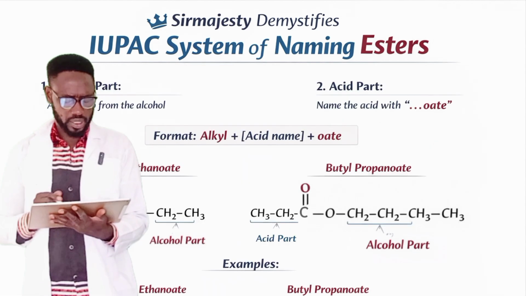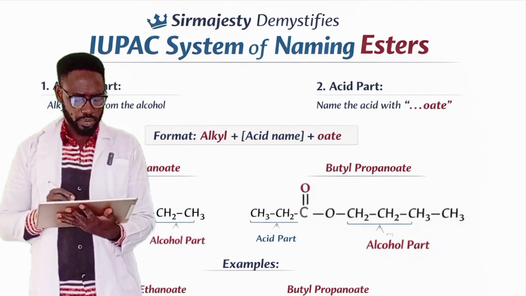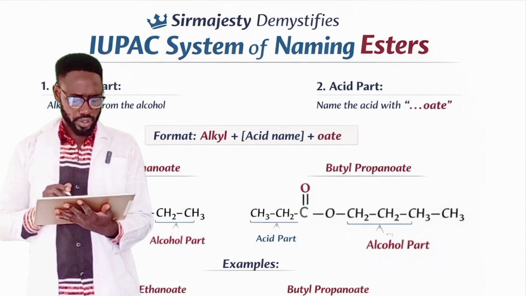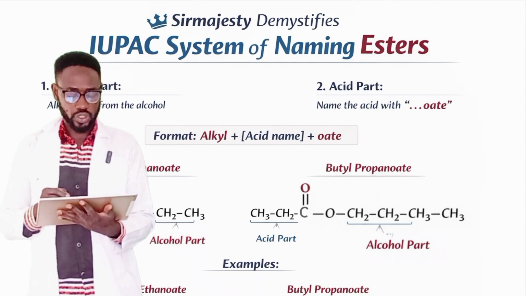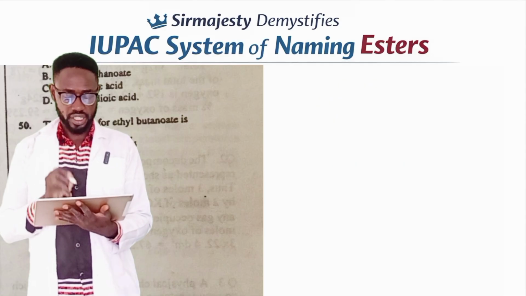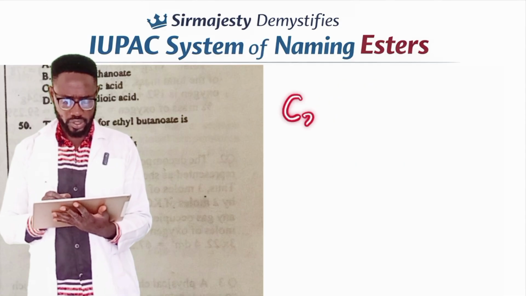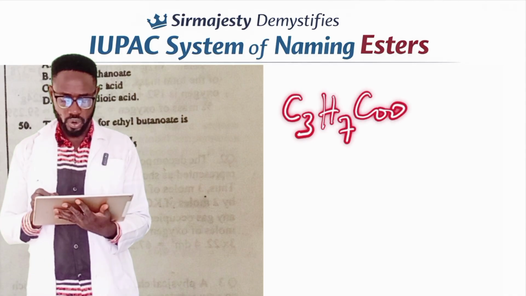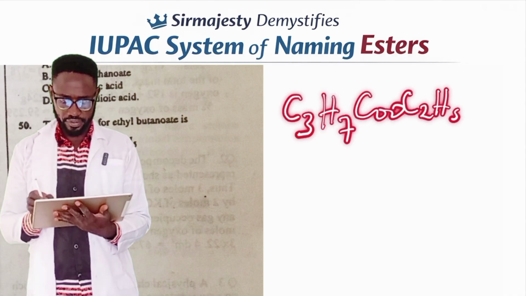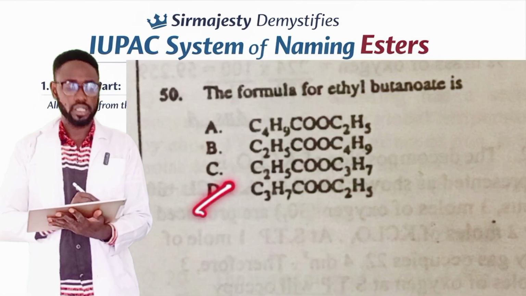With this, you can now see that the formula for ethyl butanoate is nothing but, since they have said butanoate, remember but is 4. You are going to remove 1 so that it will remain C3H7, COO, C2H5, which is option D.